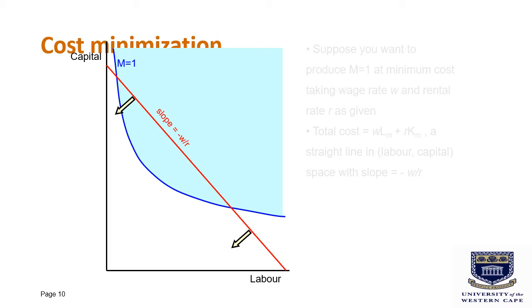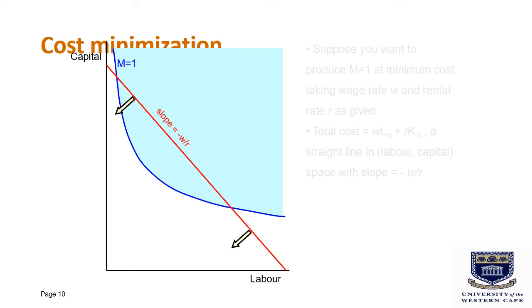Whenever you did your parabolas or straight lines in graphs, they were always in terms of your y variable. Y equals mx plus c. So now we're making our y variable, which is K, the subject of the formula.